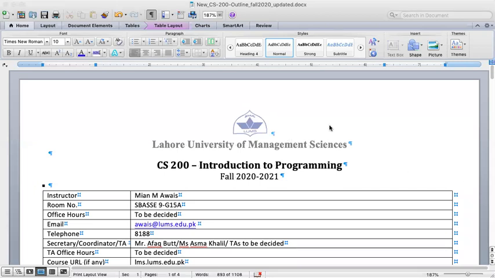So regarding the TAs, there will be a group of TAs that will be available. Roshan will be there, Aisha, Naeem is there, Muzammil will be there, Fahad Akhtar and Dilkasha.